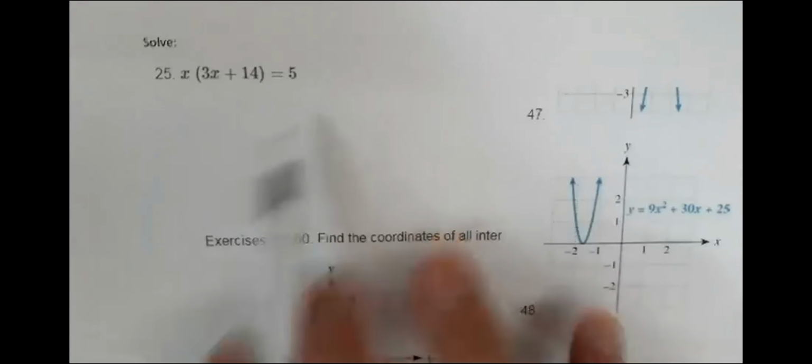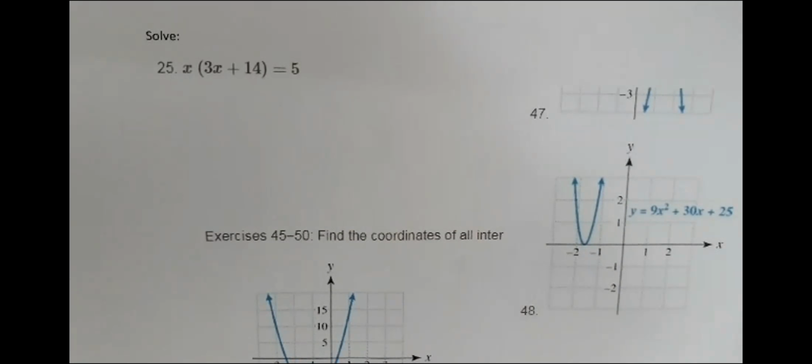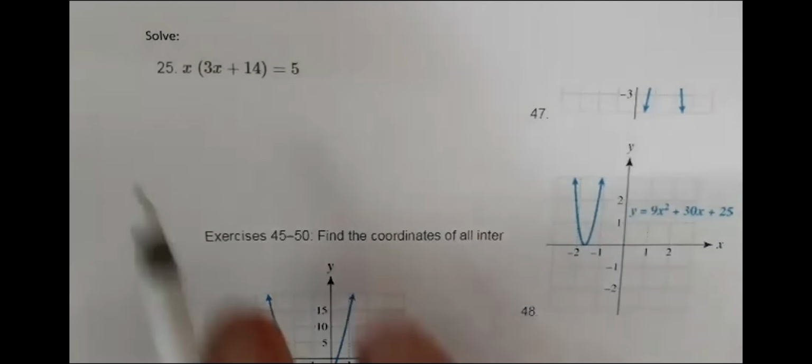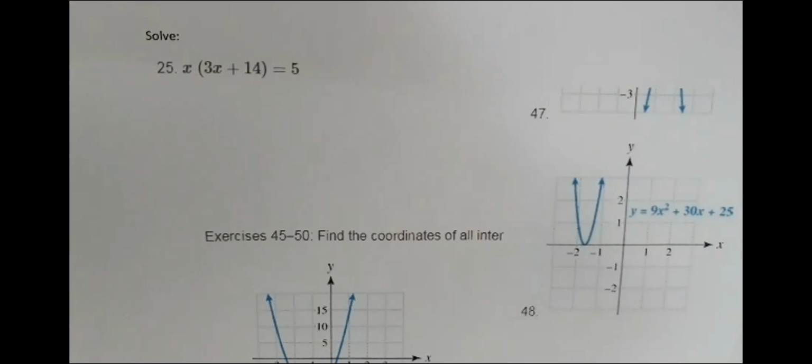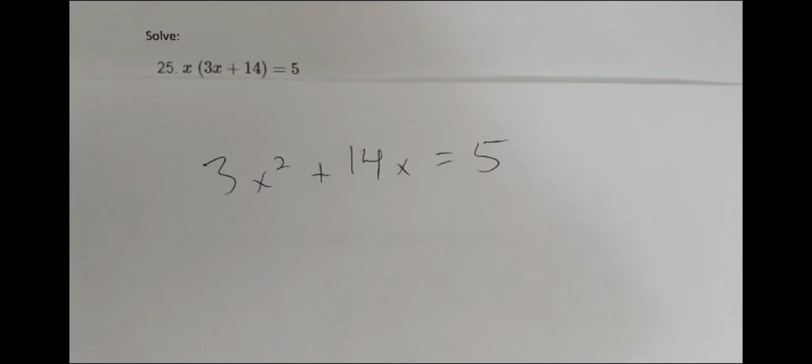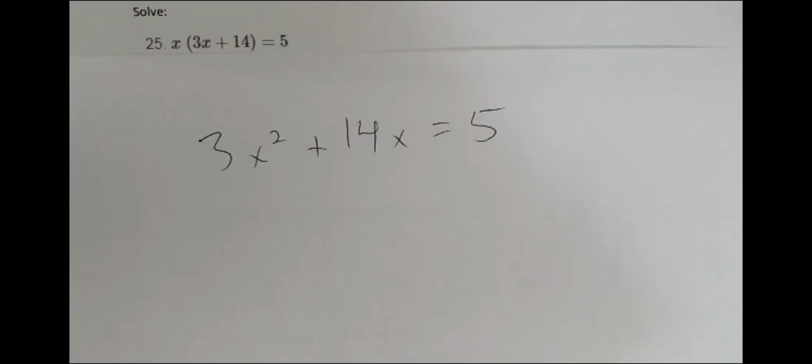What do I have to do to this thing? What is the strategy? Divide, is that what you said? I'll just say distribute the x. We want to distribute this x. So if I distribute that x, it becomes 3x squared plus 14x equals 5.